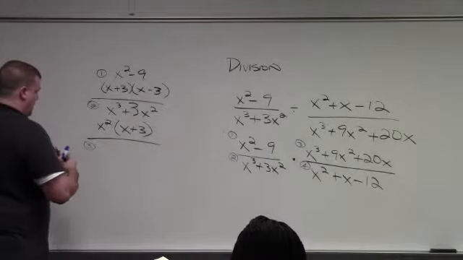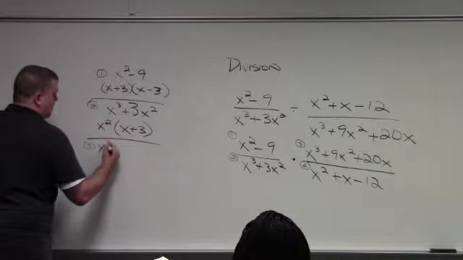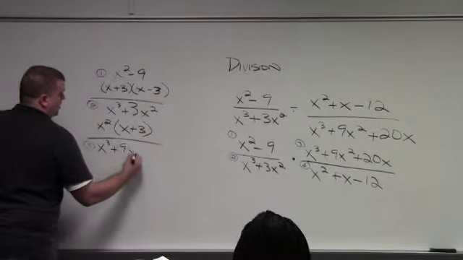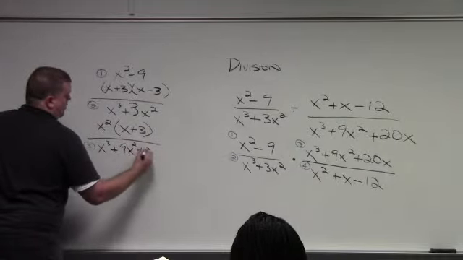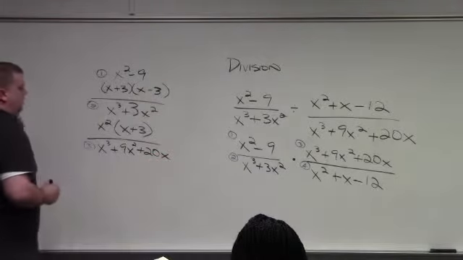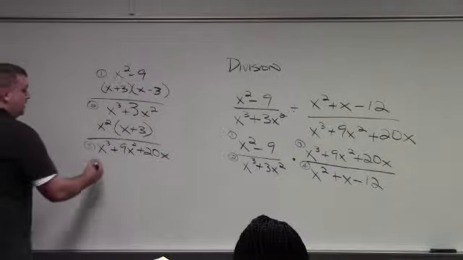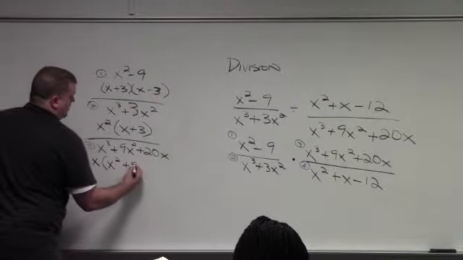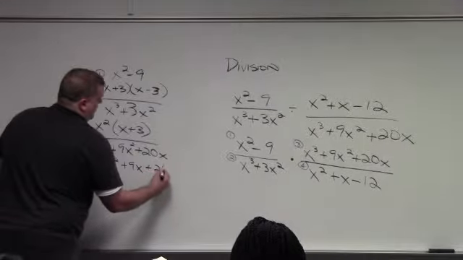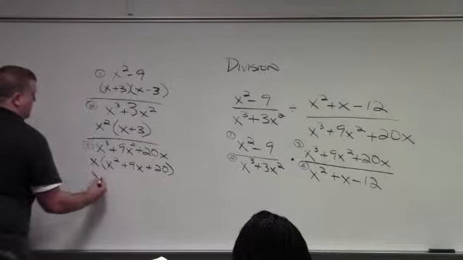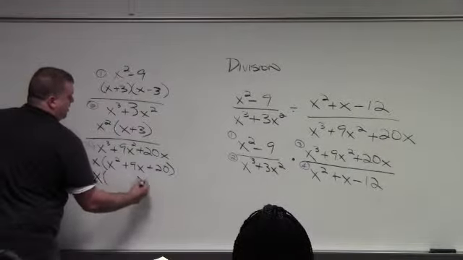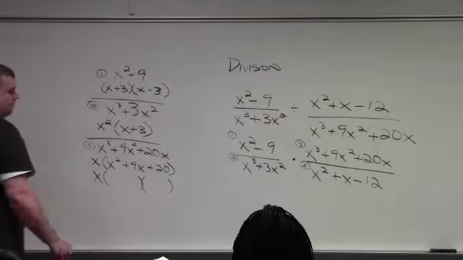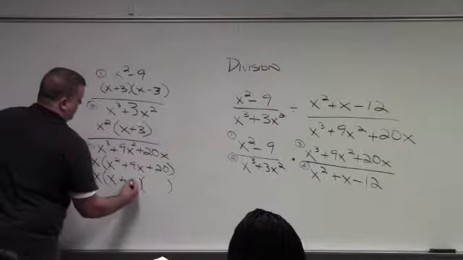On number 3, a little bit of work to do there. Factor out the x. Remember, you have to factor out a greatest common factor first if there's one available. x squared plus 9x plus 20, and then factor that. Can that factor further? Are there any factors of 20 that add up to 9? 5 by 4. Very good.